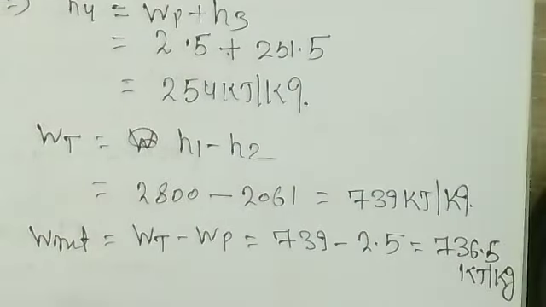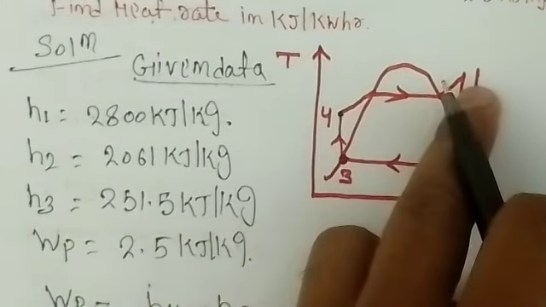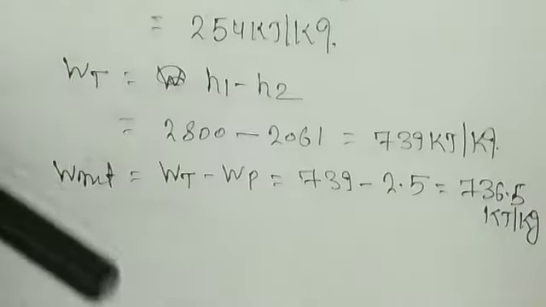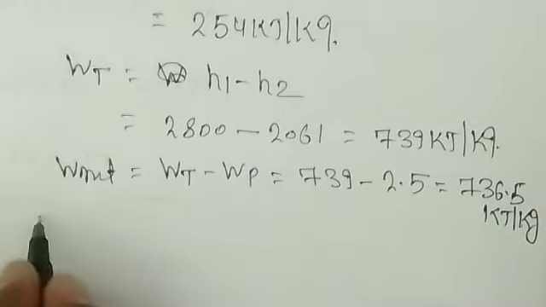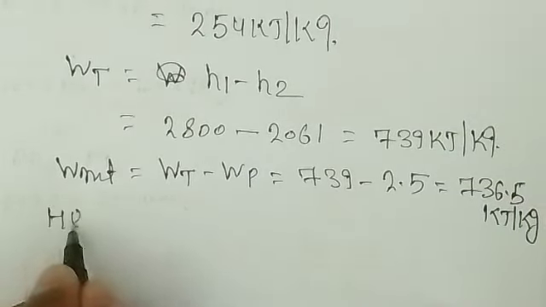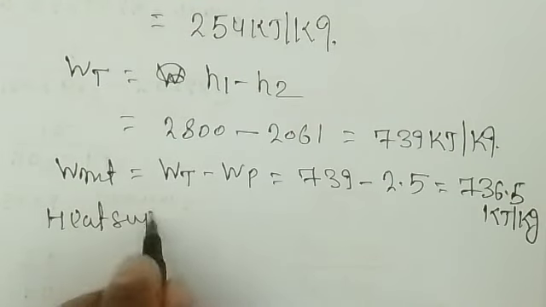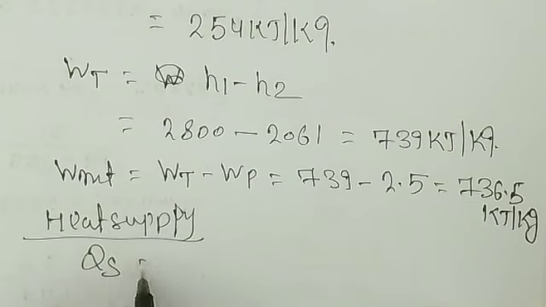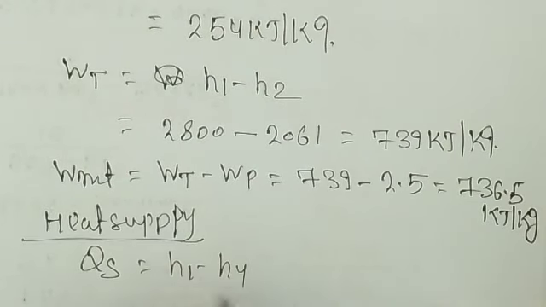Now we need to find out the heat supplied. So where are you supplying the heat? You are supplying the heat from 4 to 1, means H1 minus H4, right? So heat supplied, QS, is equal to H1 minus H4.